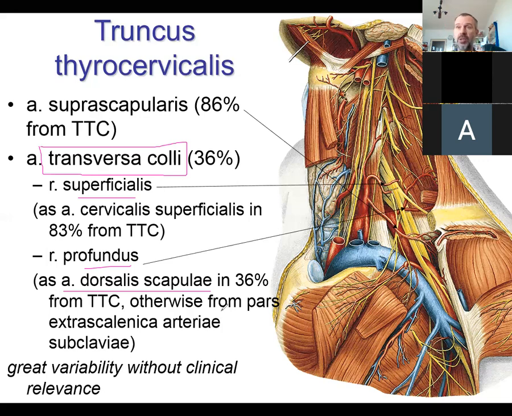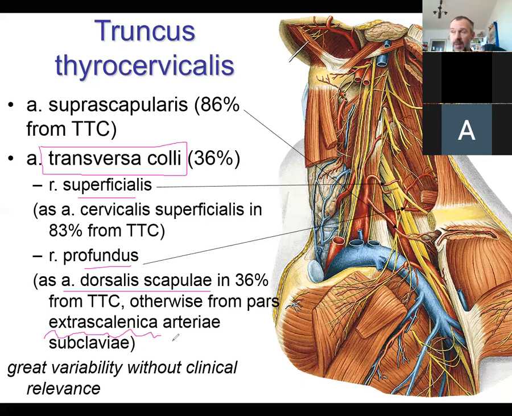So the deep branch is the same as the dorsal scapular artery. But as you can see, it's a branch of this area only in 1/3 of cases. Otherwise, it's a branch from the extrascalenic part. So it can be different here. In every patient, a bit different.